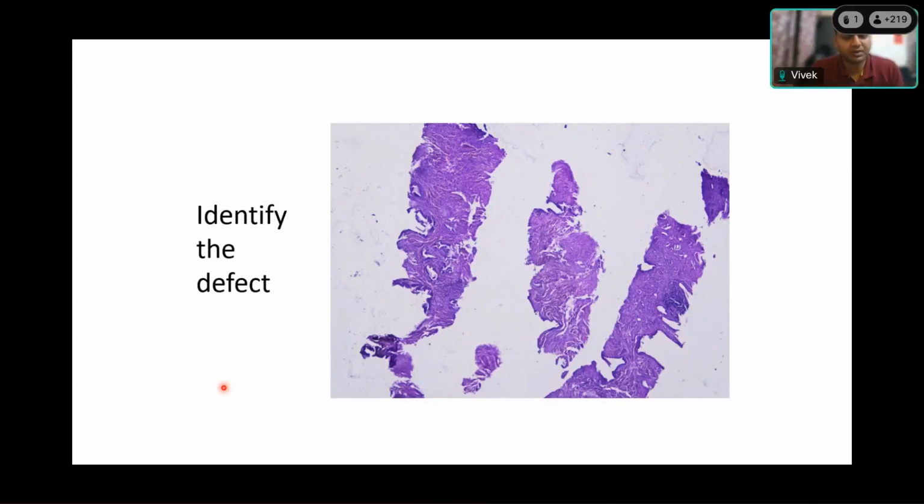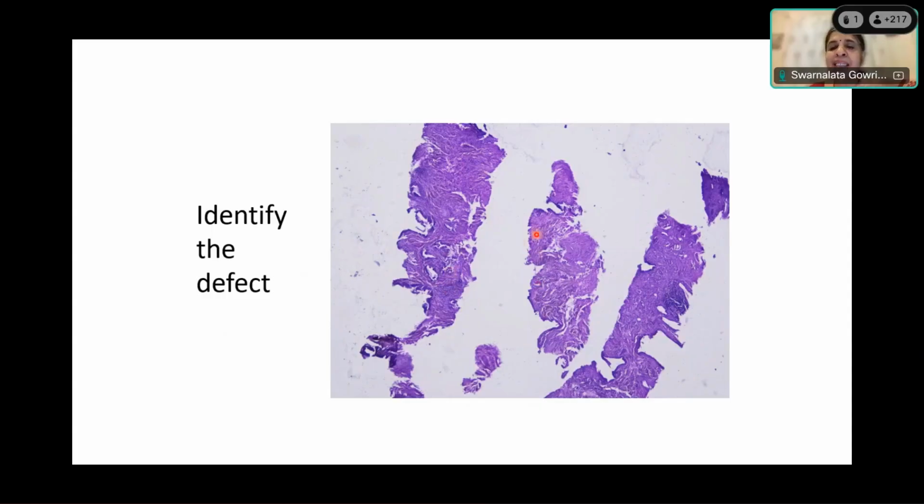Probably the tissue is hard. That's why the no tissue. That could be. It could be that. No, actually the tissue had been handled well, had been processed well, but the sections are far too thick.